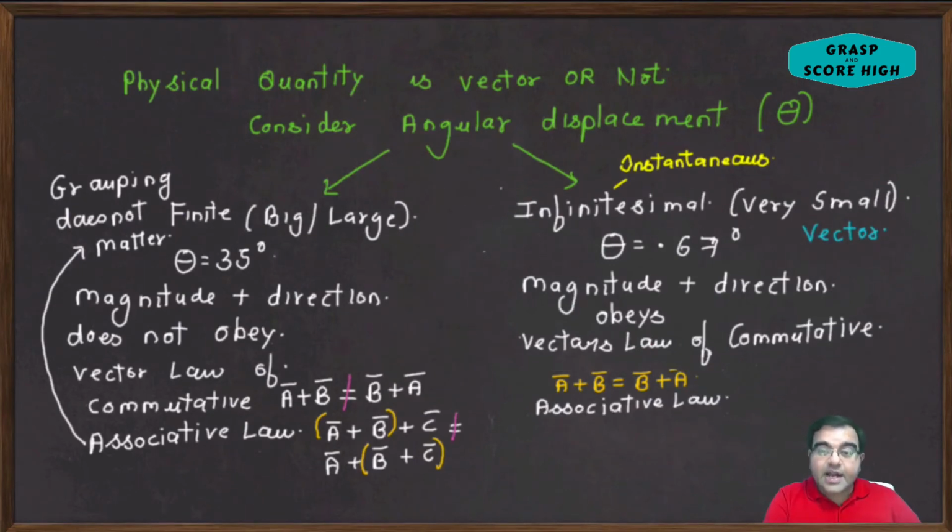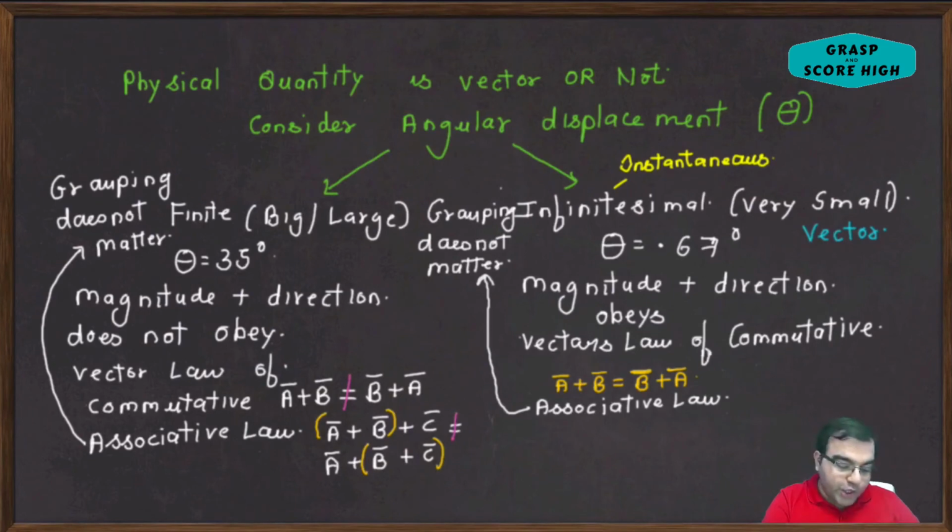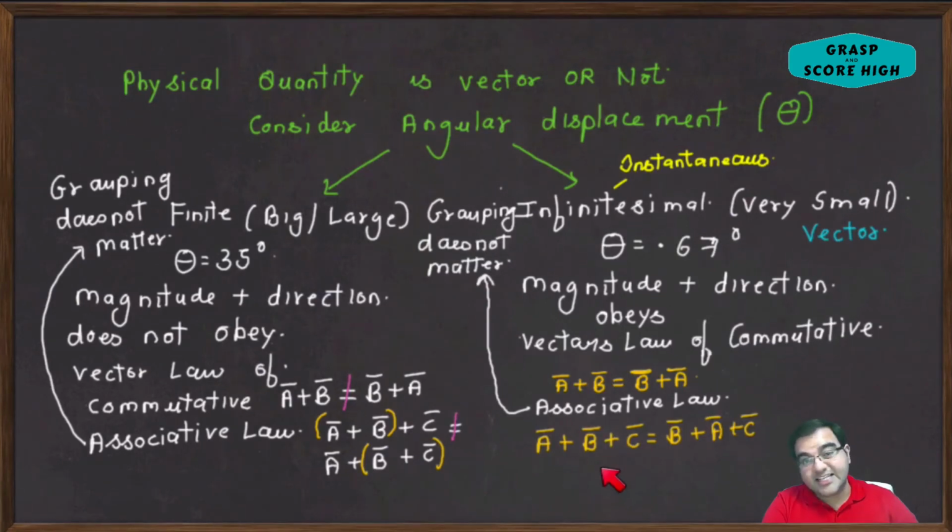The second law is the associative law. The associative law is also going to be obeyed by the infinitesimal vector, and the associative law says grouping does not matter. Basically, if I write A bar plus B bar plus C bar, I just told you we use the BODMAS rule where the brackets are evaluated first.